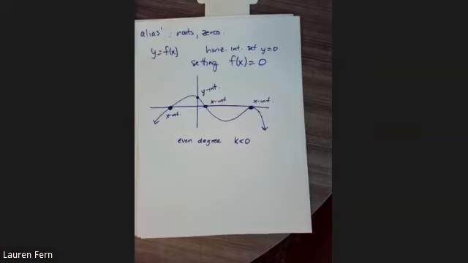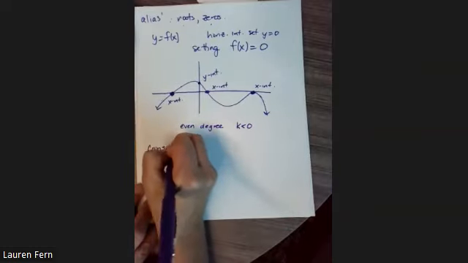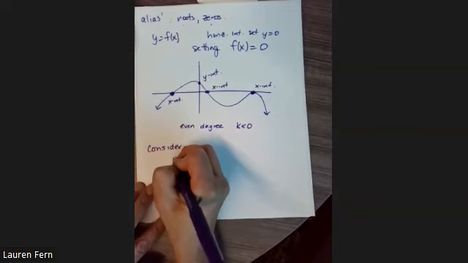Okay. So what I want us to do now is consider 3 graphs. And we're going to hone in on these intercepts, roots, zeros, etc. So what I want us to do now is consider the following graphs.